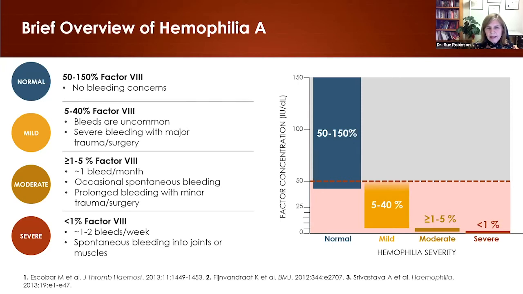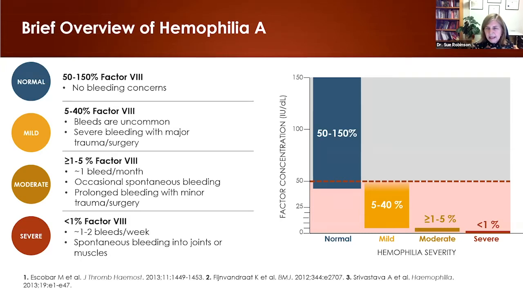Moderate hemophilia is 1 to 5%. They have a higher risk of bleeding, and occasionally spontaneous bleeding, but more often it is with trauma or surgery. For severe hemophilia, that's less than 1%. And typically they do bleed and have spontaneous bleeding.